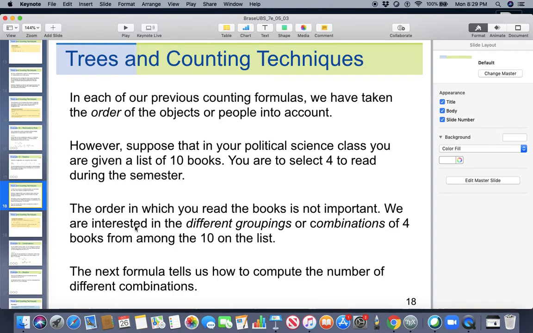In this case, we are interested in the different groupings, or combinations. When you collect a group without caring about order, that's what is a combination. So you want to choose 4 from 10, choosing 4 books from among the 10 on the list. So the next formula shows how to do this.